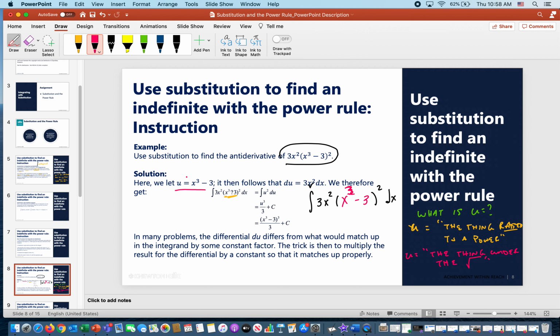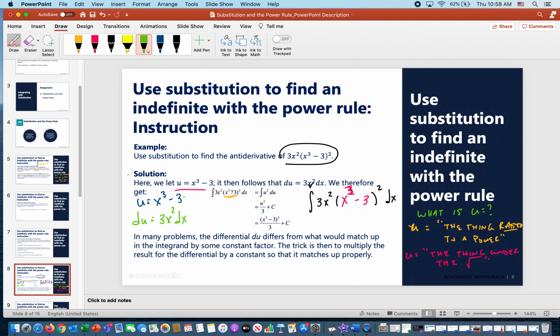Now, in this problem, we tell you that u is equal to x to the third minus 3. I'm going to say, well, if u is equal to x to the third minus 3, du would simply be the derivative of this thing. So the derivative of this is 3x squared dx, okay?